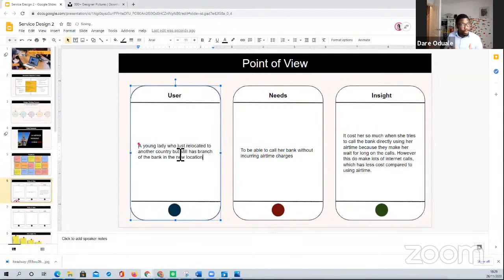So this is giving us some more about the user as well. Or maybe I should have captured that somewhere else, I mean, I should have captured the fact about this branch as part of the insights.